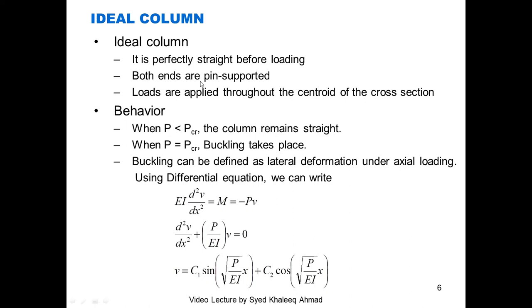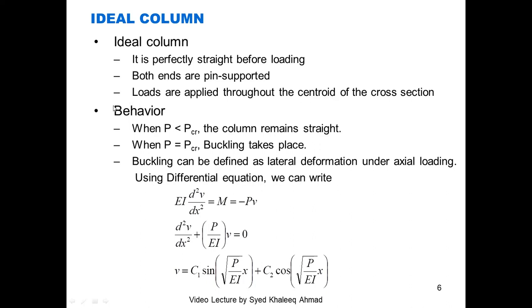It has both ends pin supported. Loads are applied through the centroid of the cross section. So these loads are compressive and acting through the centroid of the cross section, means there is no eccentricity of the load. So there is no chance of any moment due to eccentricity. Load is perfectly at the centroid.